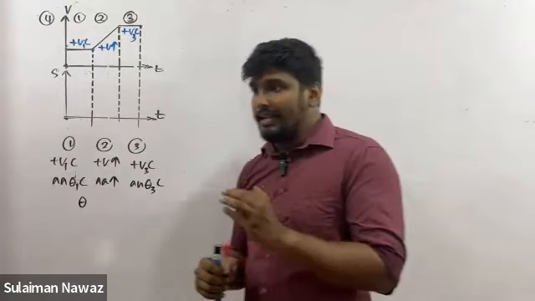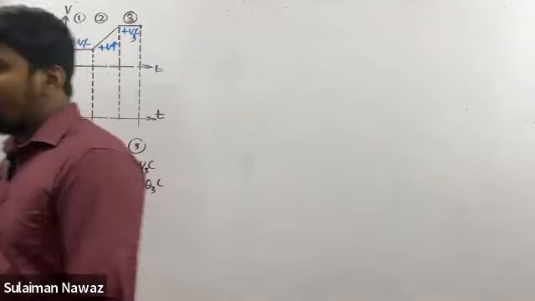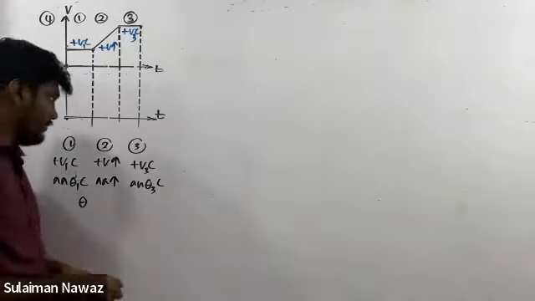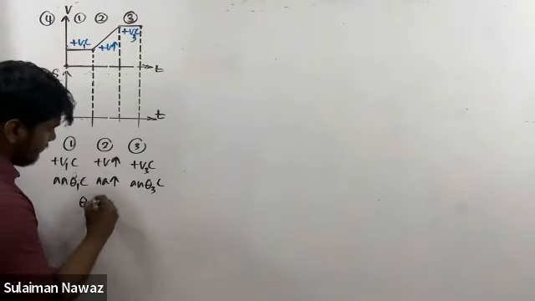How many say theta 1 is smaller than theta 3? Hands up. That's the idea. Okay. Then we know theta 1 is smaller than theta 3. That means theta 3 is large.